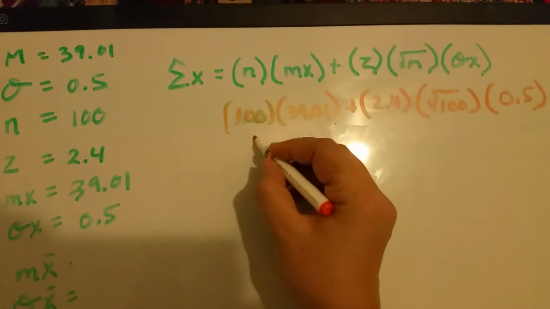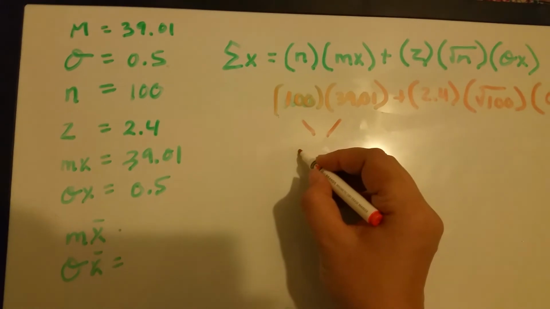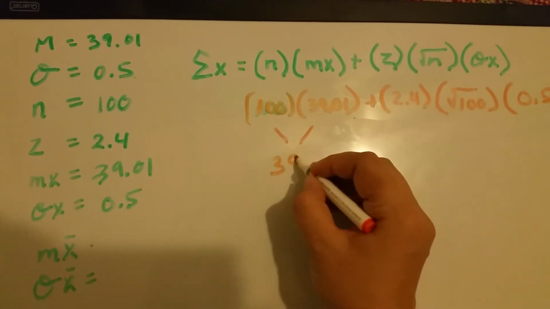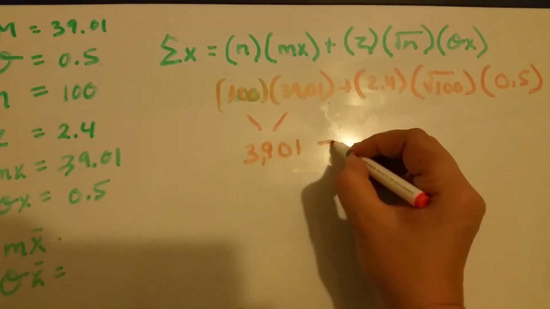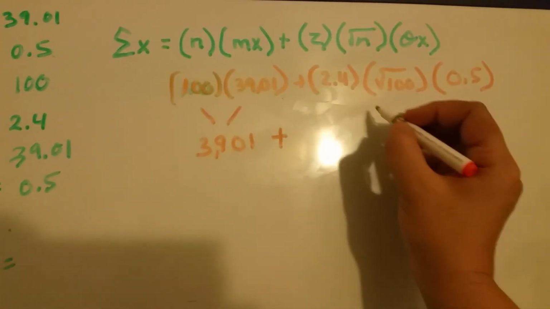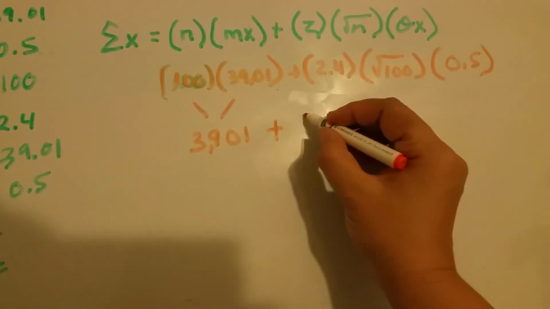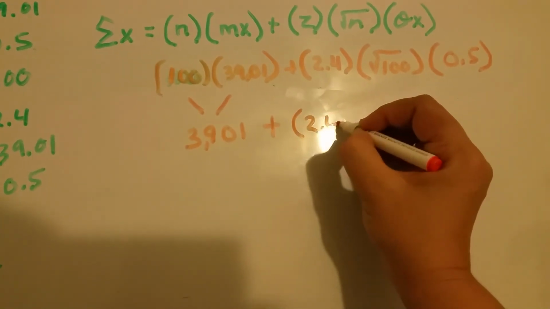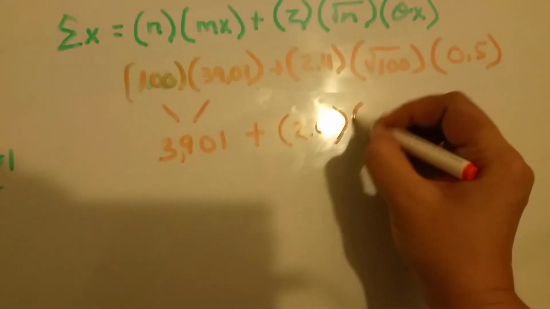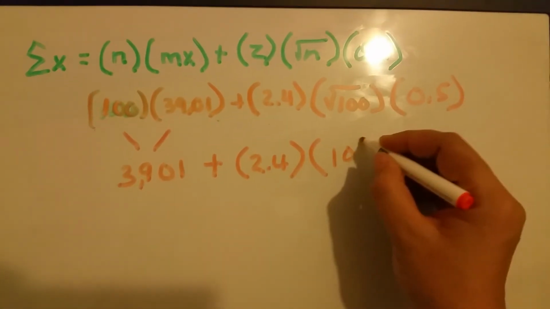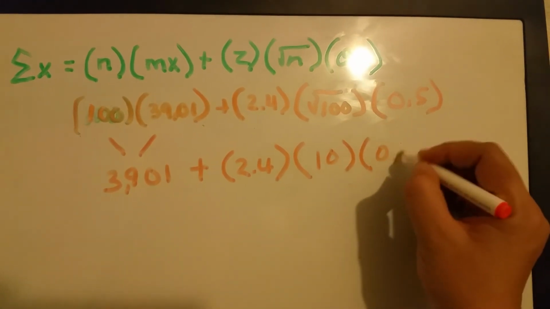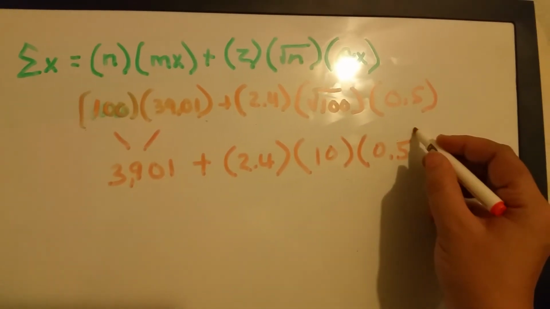Okay, so let's do these. This comes down to 3,901 plus, let's just bring these down still, because I'm a step-by-step kind of person. What's the square root of 100, which is 10, times 0.5.